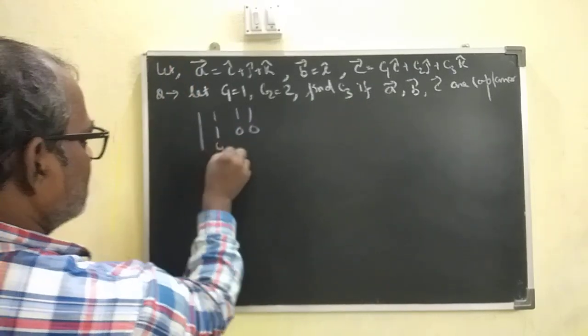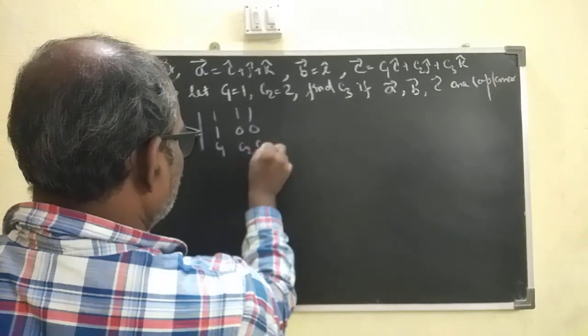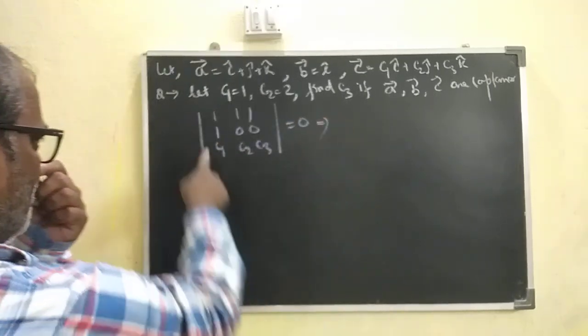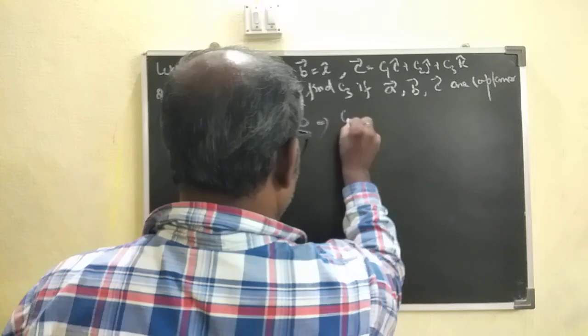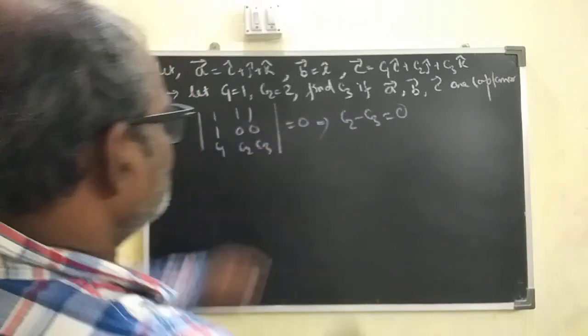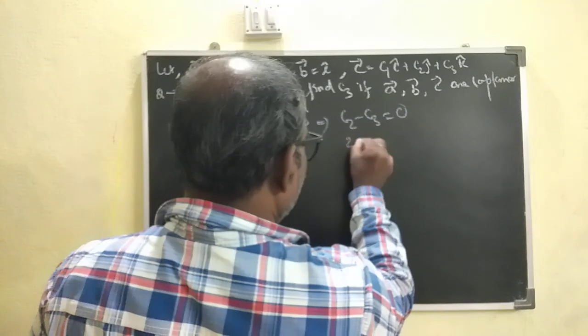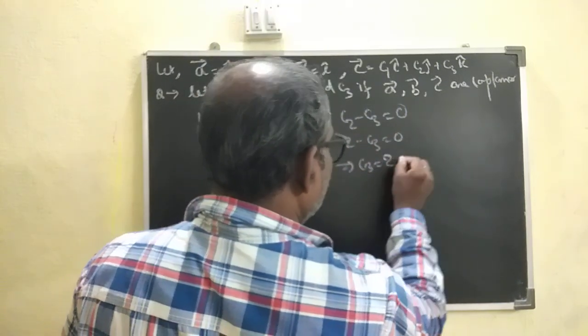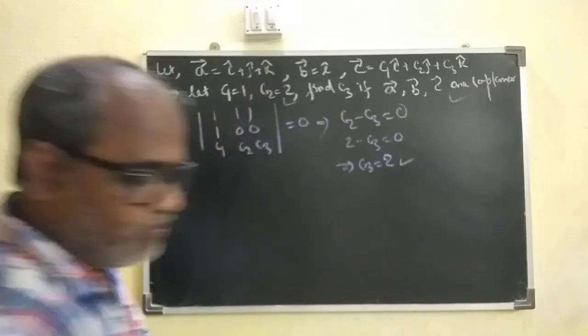Then we can write C1, C2, C3. This must be equal to 0, which implies that from here we get C2 minus C3 equals 0. But we know that C2 is given 2, therefore 2 minus C3 equals 0 implies C3 equals 2. Our first question has been proved.